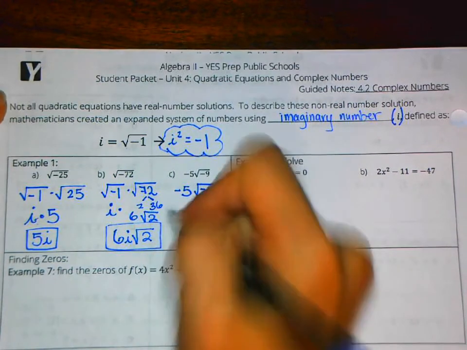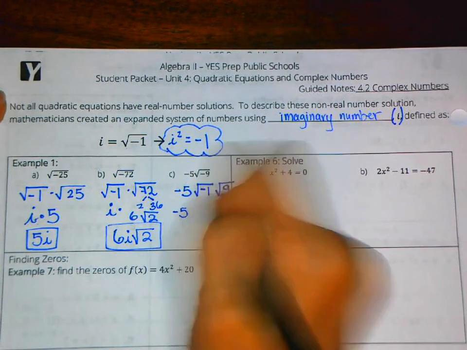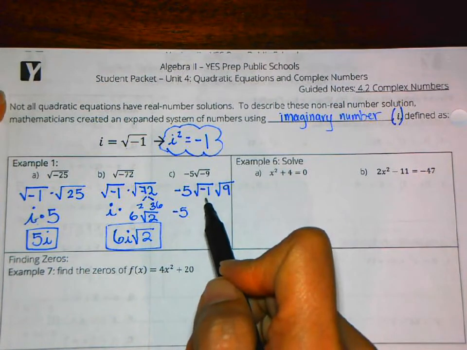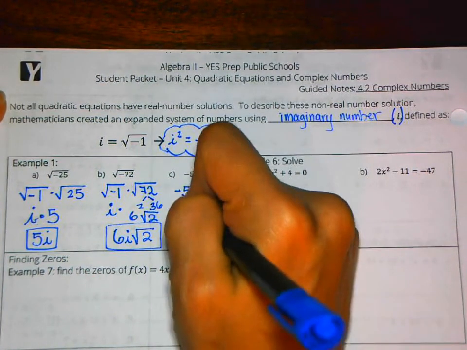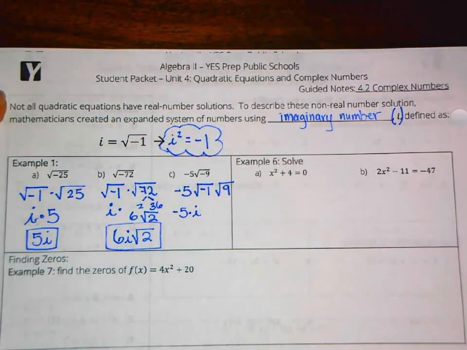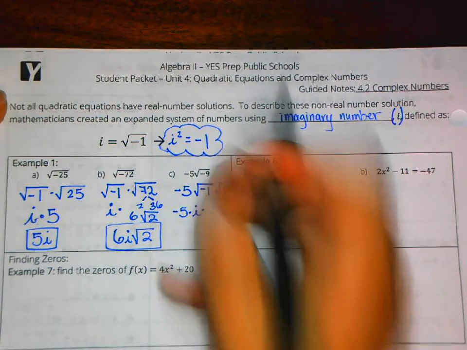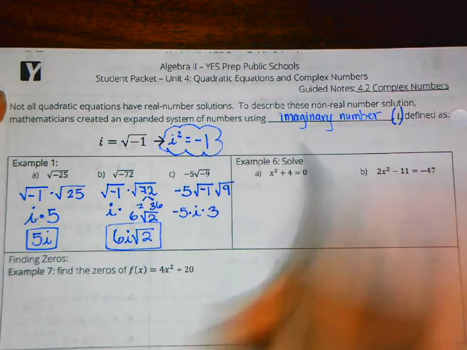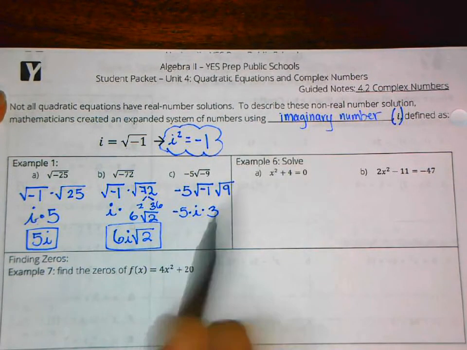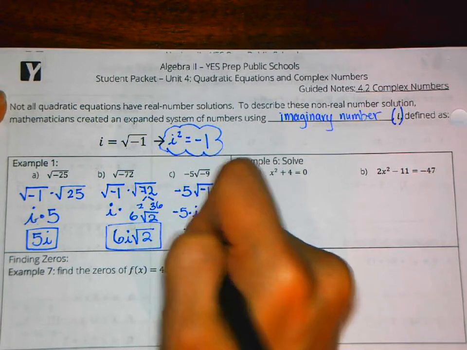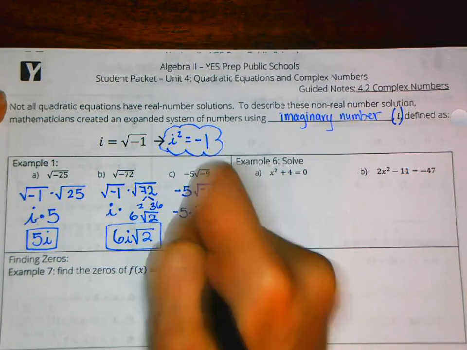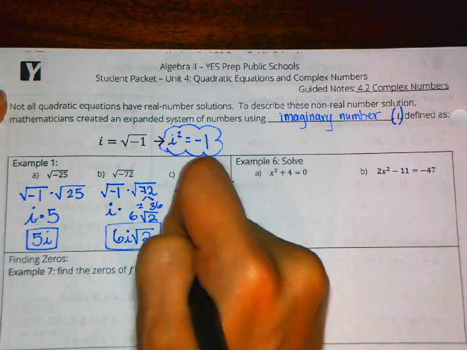So negative 5 stays as negative 5. Square root of negative 1 is an i. So negative 5 times i times the square root of 9, which is 3. So combining like terms, negative 5 times 3 is going to give me negative 15i, my final simplified answer.